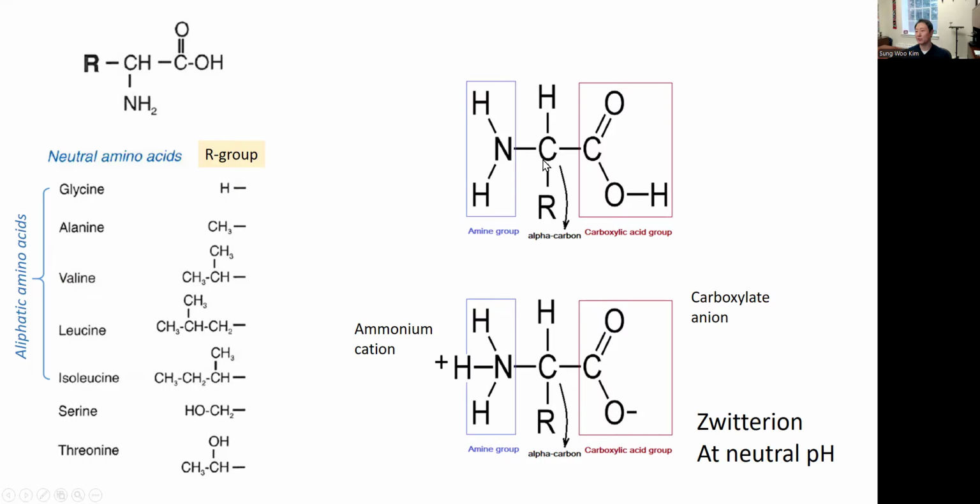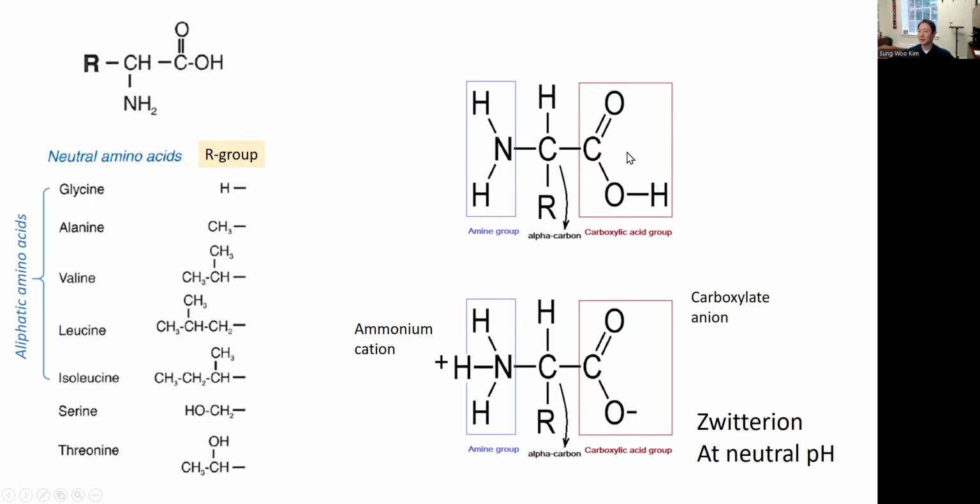Always there is a carbon at the center. We call that the center carbon or alpha carbon. When we draw a structure of an amino acid, we have an agreement that the alpha carbon is at the center, but on the right side, this carbon will include a carboxyl group, COOH, or carboxylic acid group.